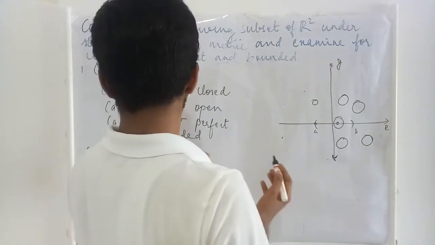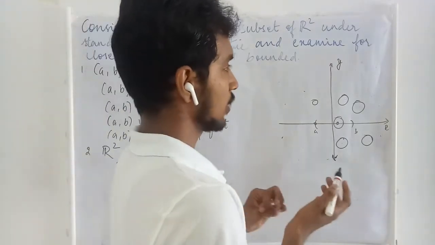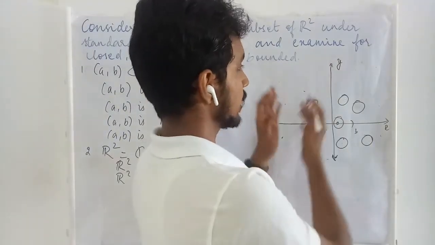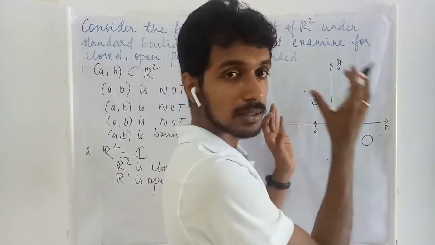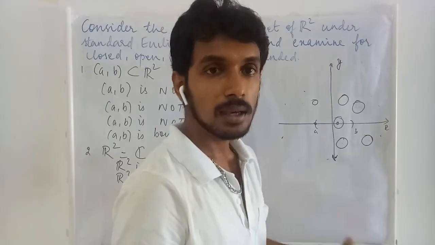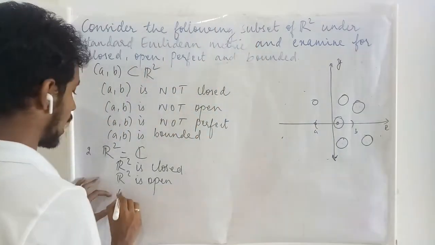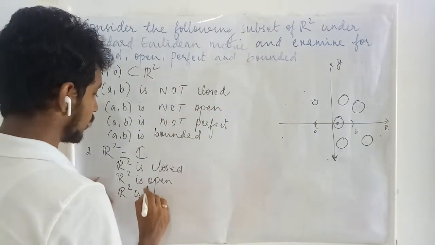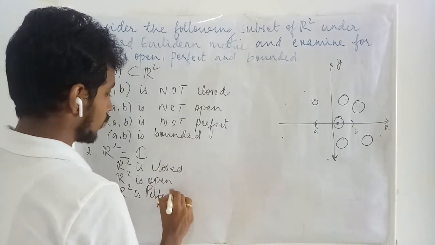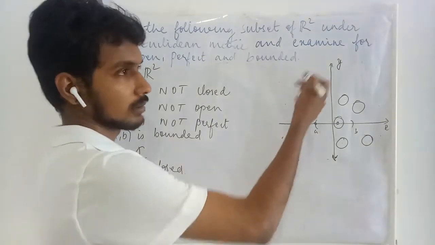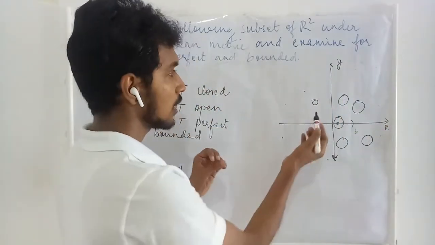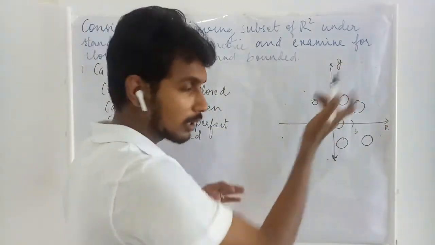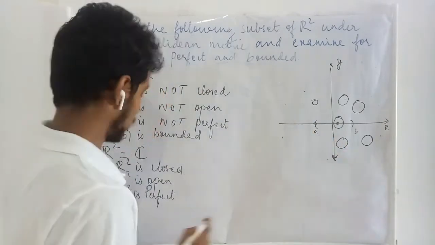Then perfectness. In order to say a set is perfect, it has to be closed and all the points of the set must be limit points. Here that is the case, so R2 is perfect. Whether this is bounded or not, it is obvious that it contains an infinite number of points and we cannot bound it because it goes till infinity.